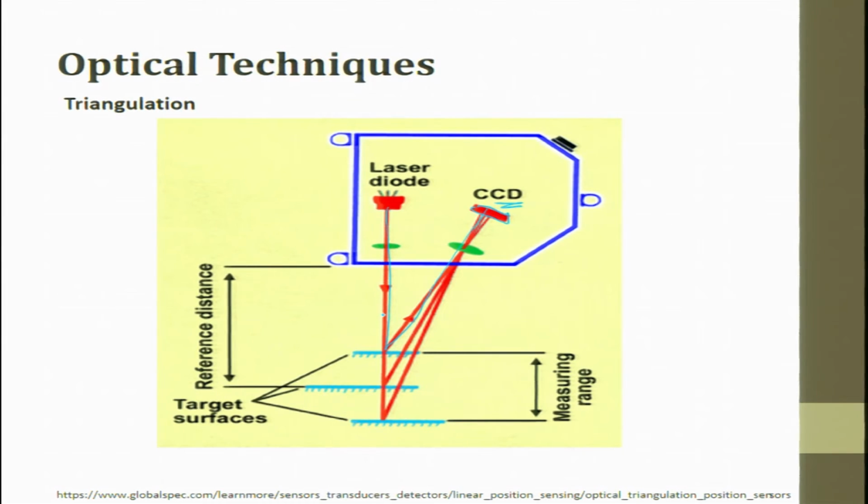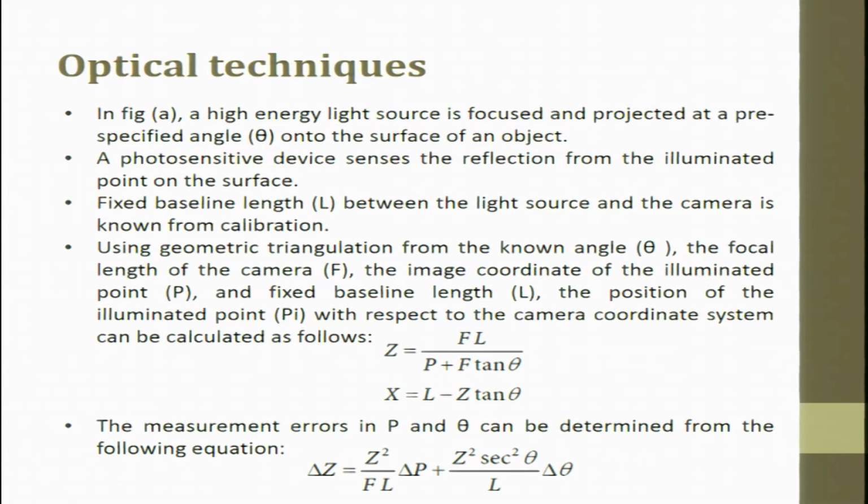This is a device inside which a laser diode and a CCD are there. From figure A, the high energy light source is focused and projected at a specified angle theta onto the surface. The photo device senses the reflection from the illumination point of the surface. The fixed base length is L.